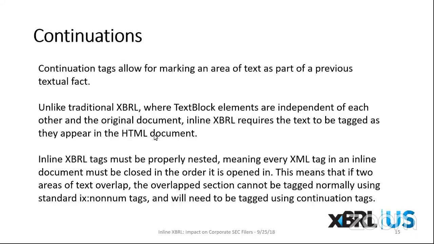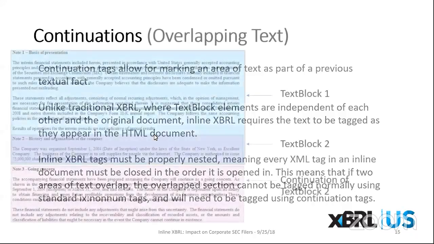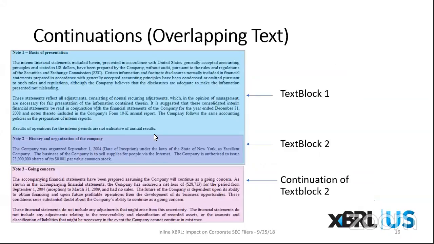If you go on to the next slide, I have a short example of that. You can see here we have Note 1, 2, and 3. Let's say for argument's sake, we want to have our Note 2 text block appear at the end of our Note 1 text block and at the beginning of our Note 2 and Note 3 text block. So our overlapping area is Note 2.